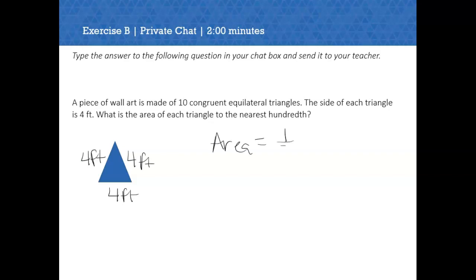Well, the area of a triangle is 1/2 base times height. So in this, we do have the base is 4, but we don't have the height. Remember, the height is right down the middle here. We don't have this height, so we need to calculate it. And we calculate it just like we did our last problem using the Pythagorean theorem.